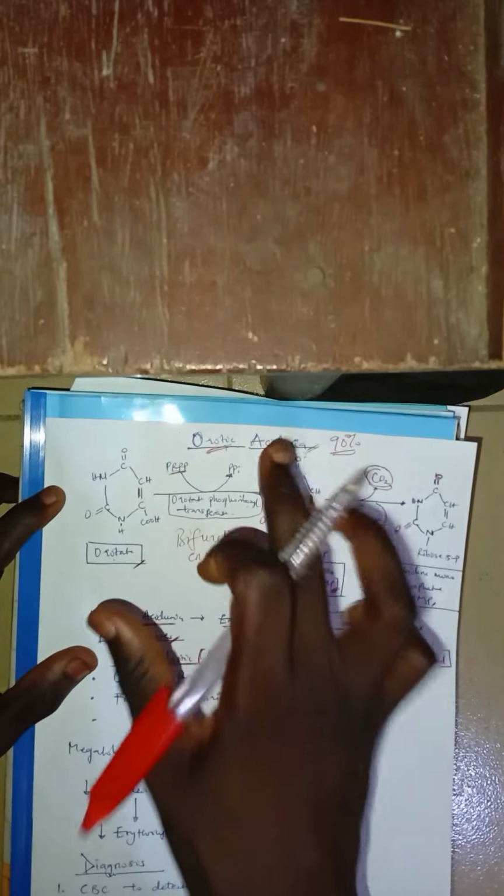All right, what are the key features? Please look at these key features very well. You can notice that I put as my number one megaloblastic anemia. Mind you, I did not just say anemia. It is characteristic. Once you see this megaloblastic anemia, you may be looking at other causes, but the kind of anemia in orotic aciduria is megaloblastic anemia.